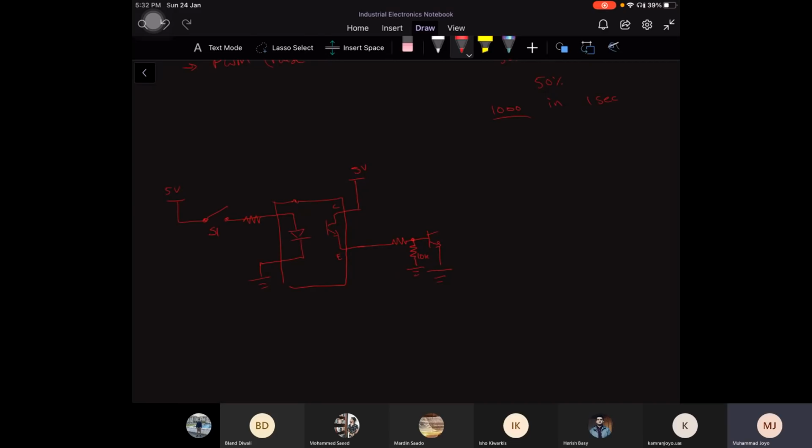This resistance over here is basically a pull down resistor.